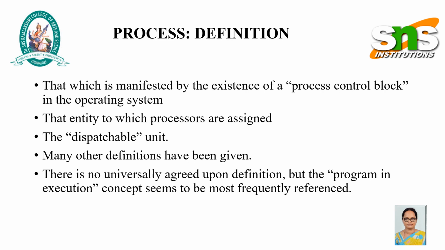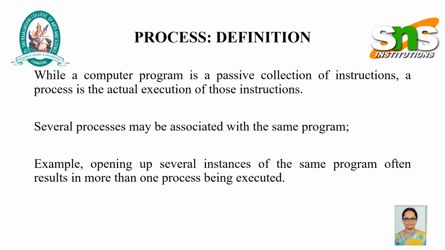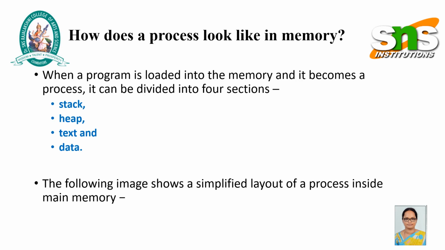There is no universally agreed upon definition, but the program in execution concept seems to be most frequently preferred. While a computer program is a passive collection of instructions, a process is the actual execution of those instructions. Several processes may be associated with the same program. For example, opening up several instances of the same program often results in more than one process being executed.